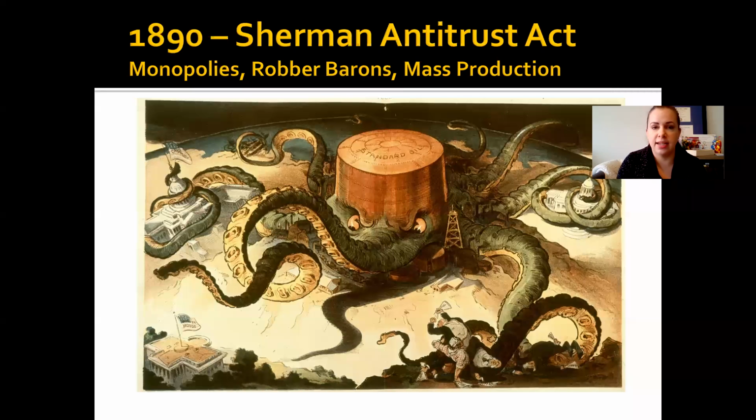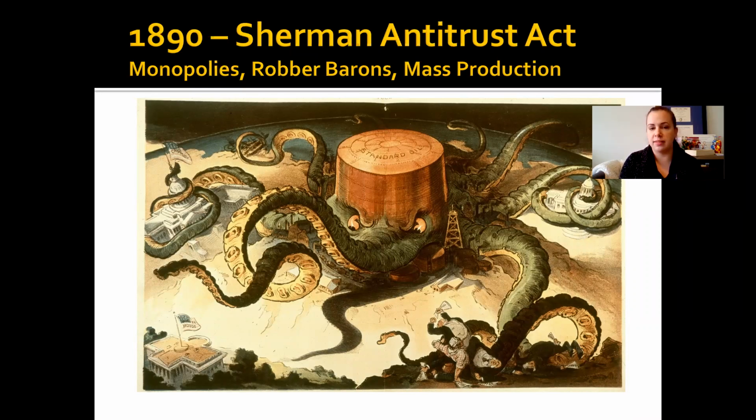Going to the Sherman Antitrust Act, this is the effort to help control monopolies. Monopolies are, again, continuing to just kind of take over industrialization at this point, and Theodore Roosevelt passes the Sherman Antitrust Act, which helps limit the control of monopolies.